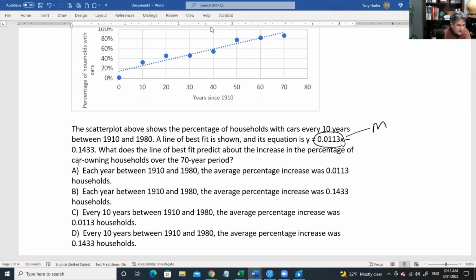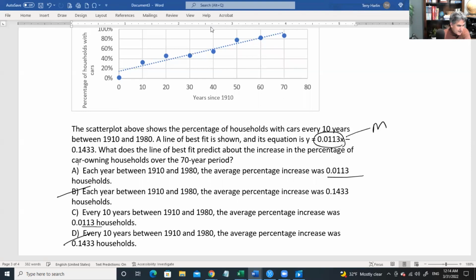And that means that our answer is going to have that in it. So we can look at A, and we can look at C and eliminate B and D. This is a rate of change per year.